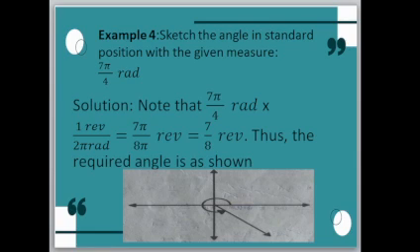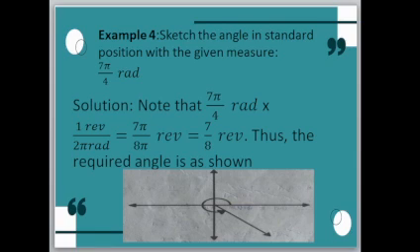Example 4. Sketch the angle in standard position with a given measure. We have 7 pi over 4 radians. So the given is in radian. Then the solution. Note that 7 pi over 4 radian times 1 revolution over 2 pi radian, because 1 revolution is 360 degrees and the basic conversion we know is 180 degrees is equal to pi radian.